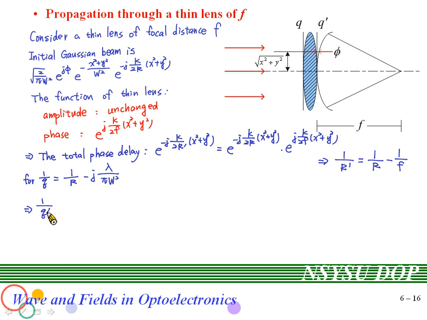And the inverse of Q prime can also be written in the same way, like this. And from this result, we know that the inverse of R prime can be replaced by the inverse of R minus the inverse of f.